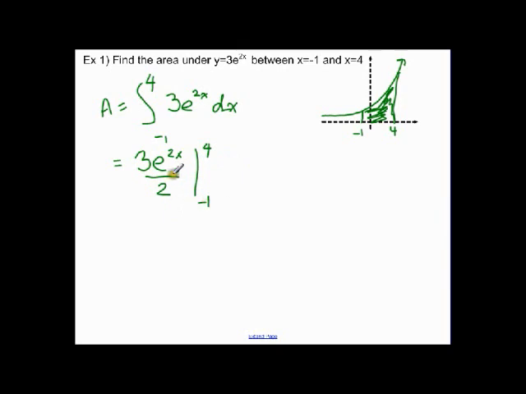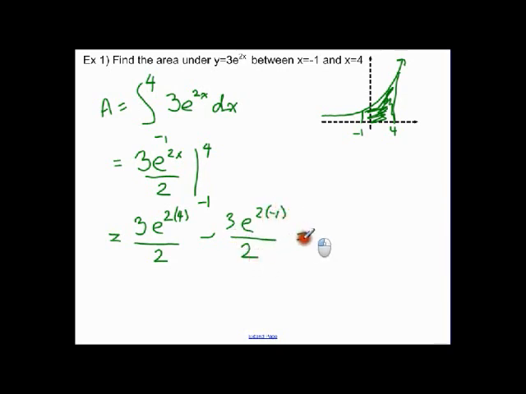So we have the integral from -1 to 4, which means this is equal to 3 e to the, remember we plug in the upper bound first, so 2 times 4 over 2, minus, and then we plug in the lower bound, so 3 e to the 2 times -1 over 2.